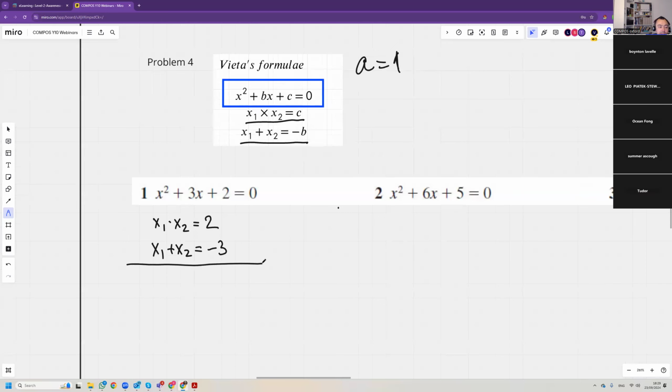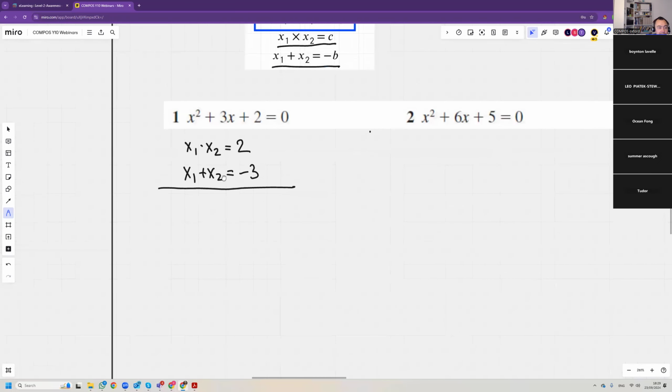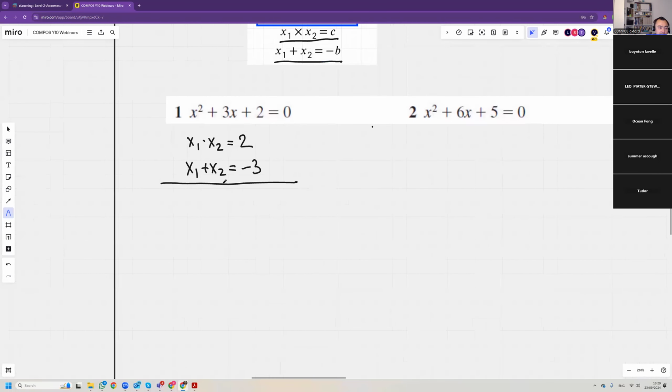Which two numbers, when you multiply them, give 2, and when you add them, give minus 3? Well, it's minus 1 and minus 2. x1 is minus 1, and x2 is minus 2.